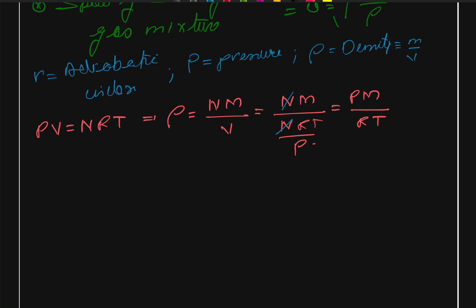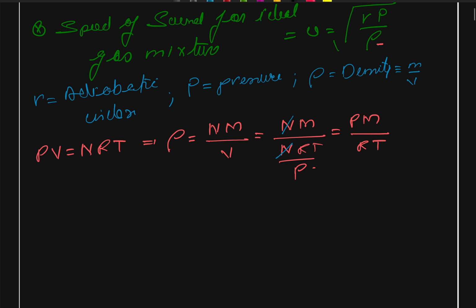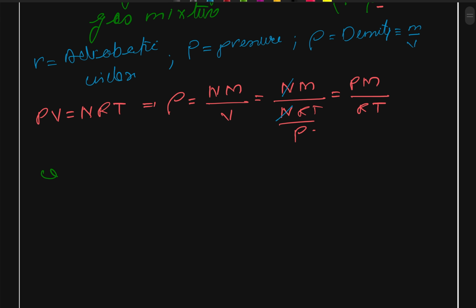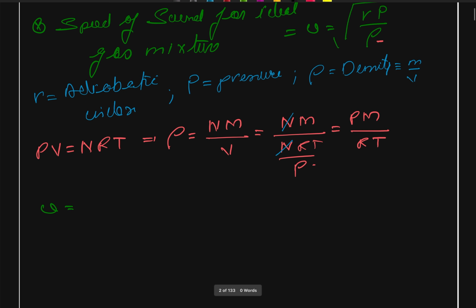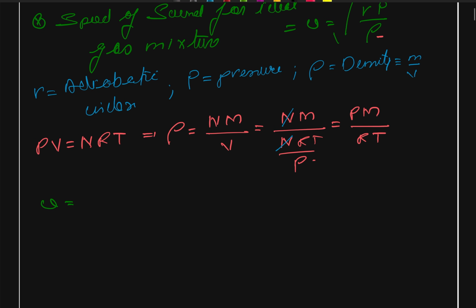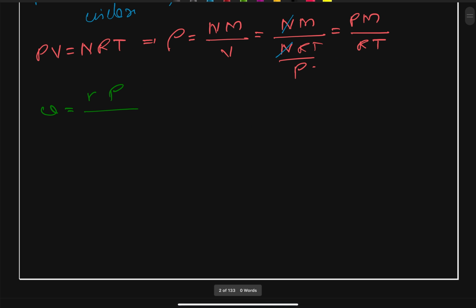Therefore, we substitute in the equation, we get V is equal to square root of gamma times P, and our density is P times M divided by RT.